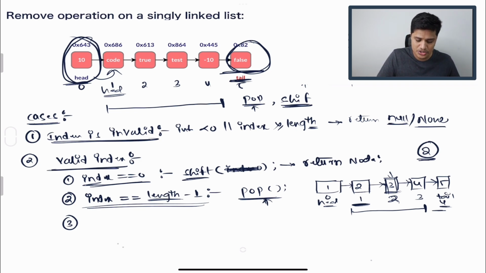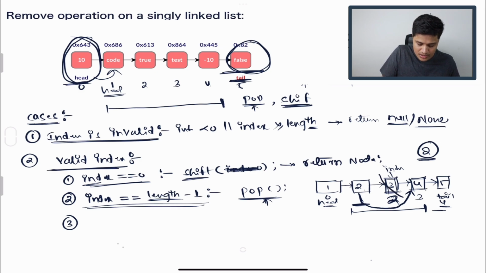So we have to make sure that we update that to the next of the node that is at the indexed position. So we will get the node that is at index minus 1th position and we will update the next of that particular node with the next of the node available at the indexed position. That means this node's next will have the reference of the node 4.